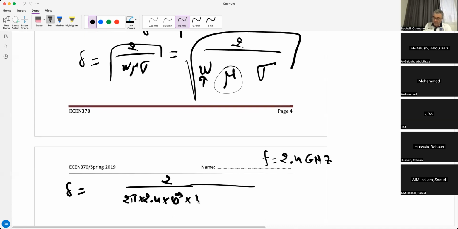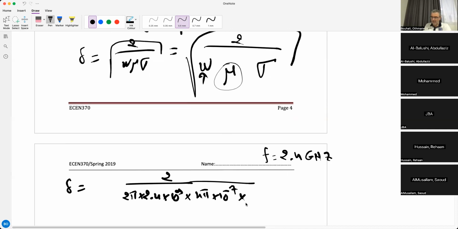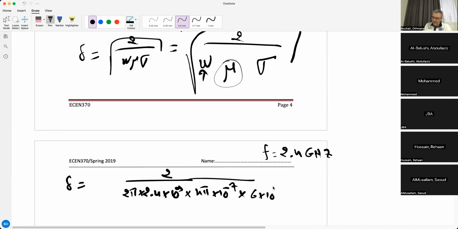Mu is 4 pi 10 to the negative 7, and then sigma is given, 6 10 to the power of 7, and everything squared. Now the unit will be meters, because everything has been in meters. Just do the calculation. I did not do the calculation. Any question?